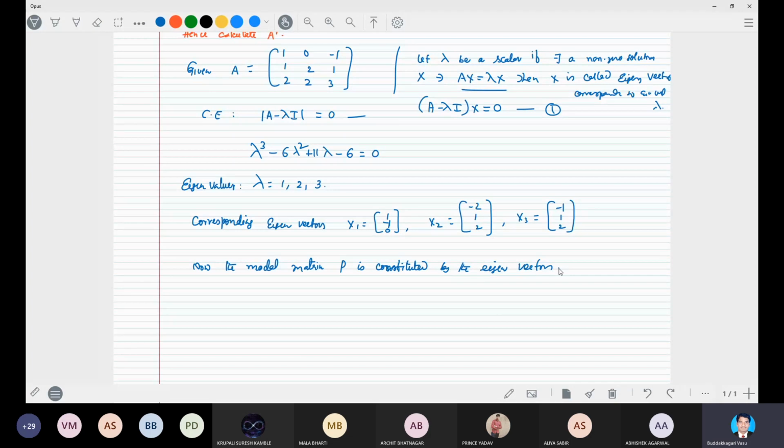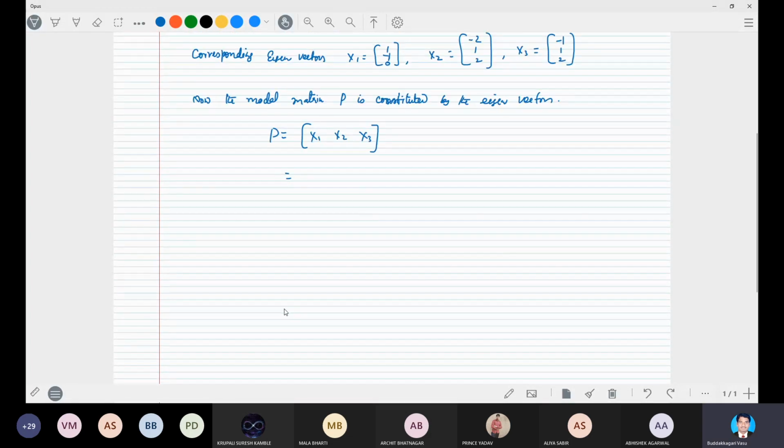Therefore, P is equal to x1, x2, x3. What is x1? 1, minus 1, 0. x2: minus 2, 1, 2. x3: minus 1, 1, 2. Right? This is matrix P.